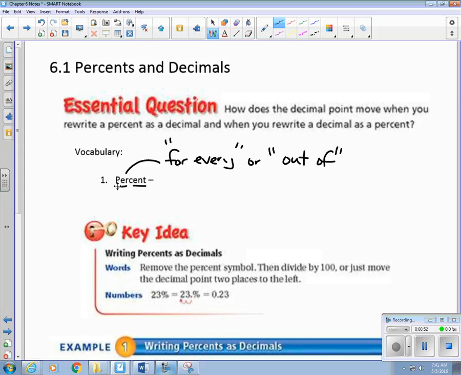Okay, so per is out of or for every, and the word cent means 100. So if we put those two things together, percent means for every 100 or out of 100. Out of 100 is really what percent means.